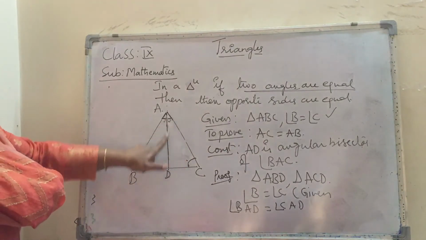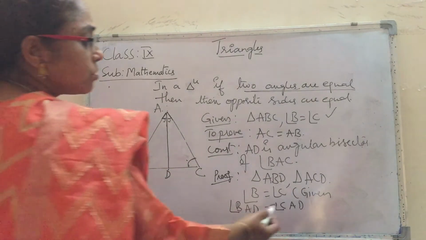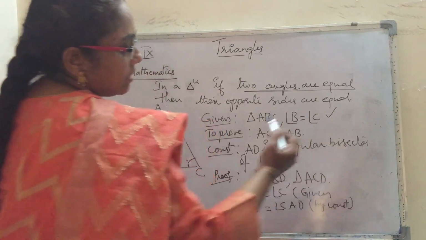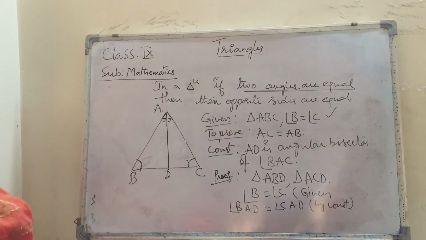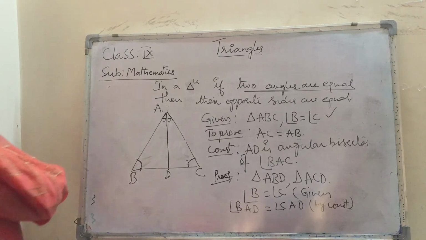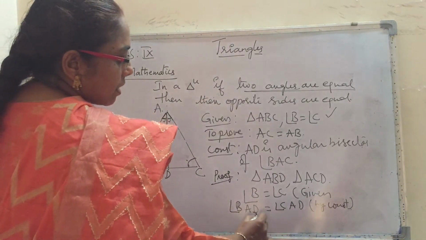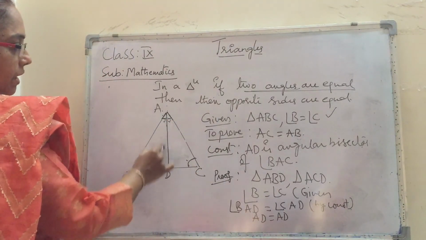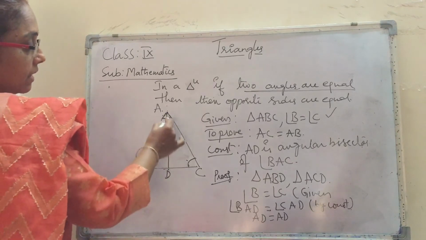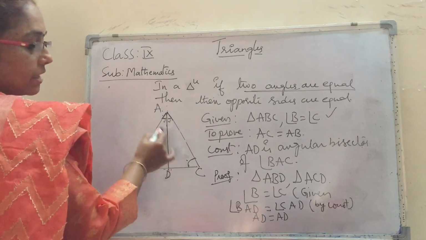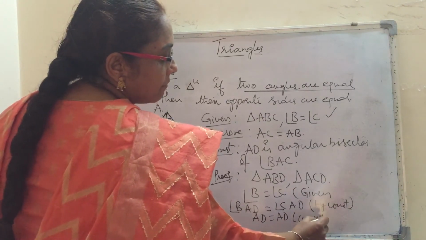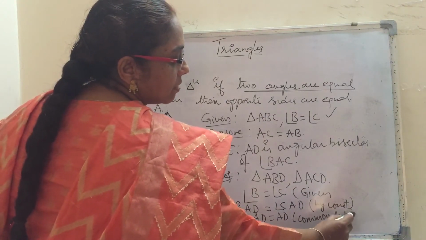We can take that by construction they are equal. Now, what is the other one? Here AD is a common side. In triangle ABD, AD is one of the sides, and in triangle ACD, AD is also a side. So it is a common side for both the triangles.